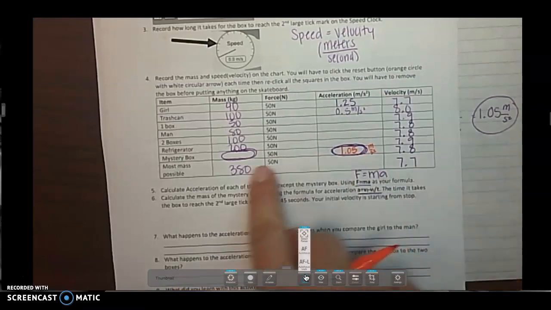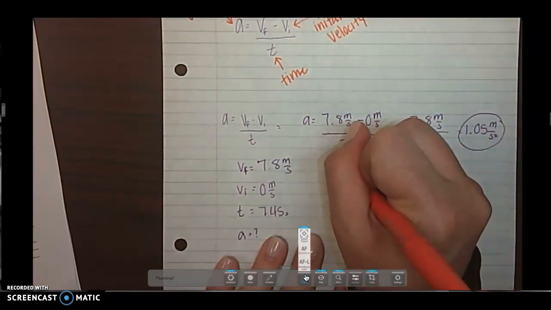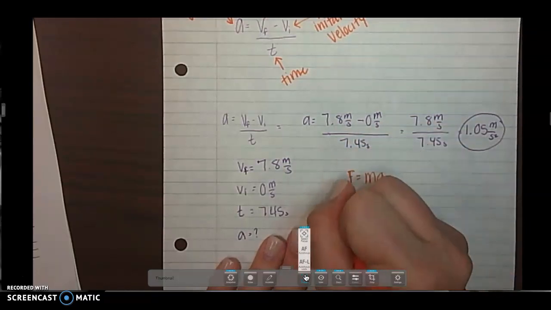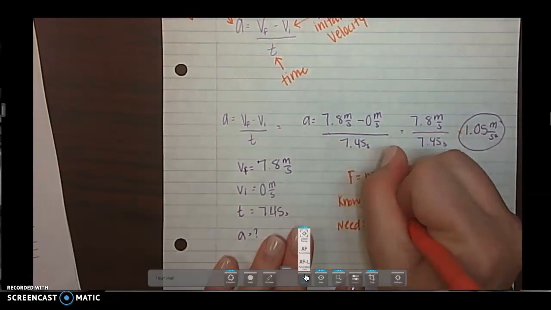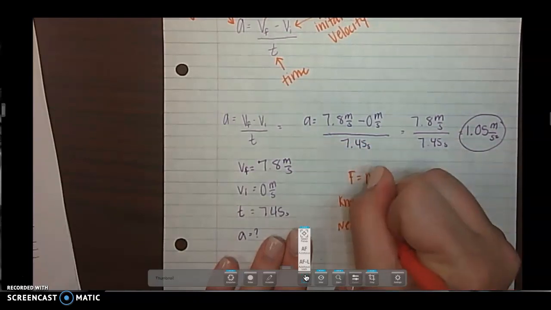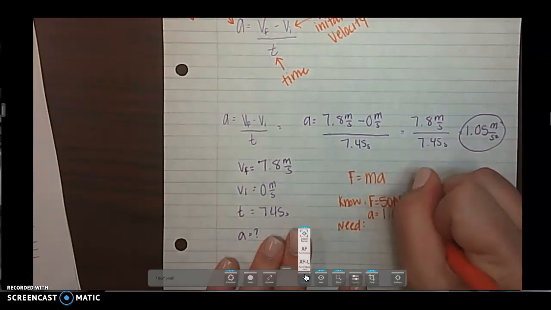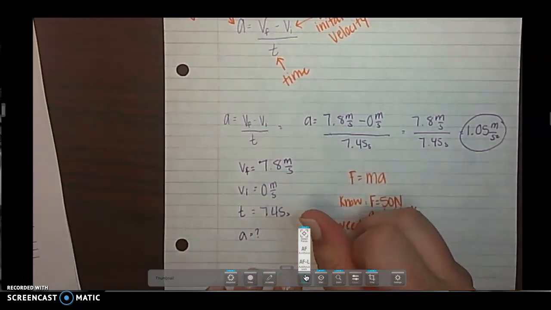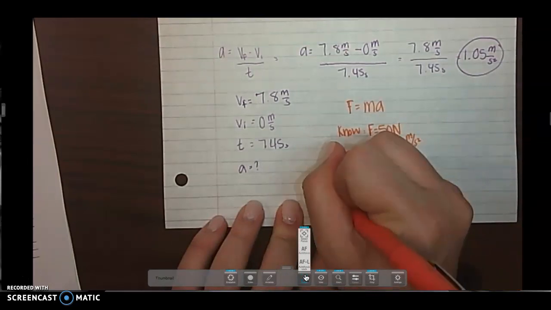Well, now we can solve for our mass because we know our acceleration. So we've got F equals ma. We know that our force was 50 newtons. We know our acceleration was 1.05 meters over second squared. So we need mass. Well, looking at our magic triangle, we've got force, mass, and acceleration.